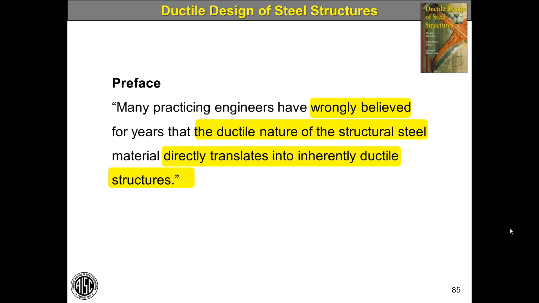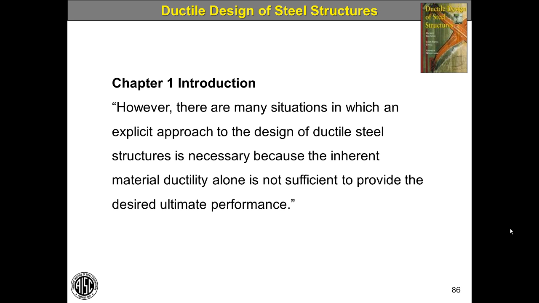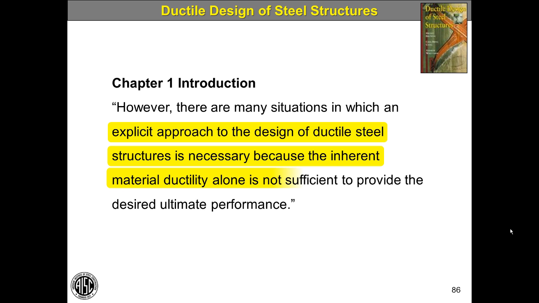Let's continue on in the same text. However, there are many situations in which an explicit approach to the design of ductile steel structures is necessary, because the inherent material ductility alone is not sufficient to provide the desired ultimate performance.